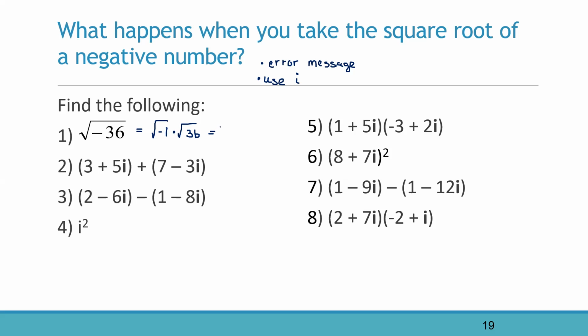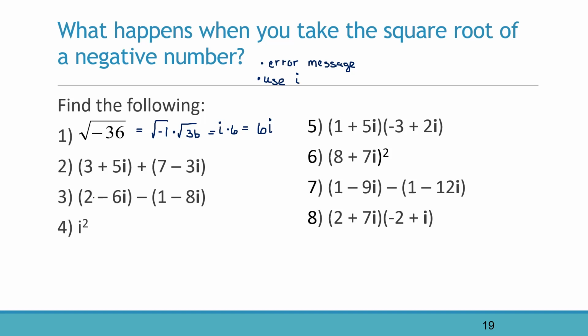So square root of -1 is i, square root of 36 is 6, and then we rewrite this in standard form with the number first and the i, the symbol for square root of -1, second. So square root of -36, instead of just saying it's an error, we get to say that this is equivalent to 6i.